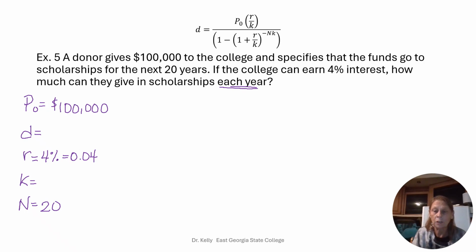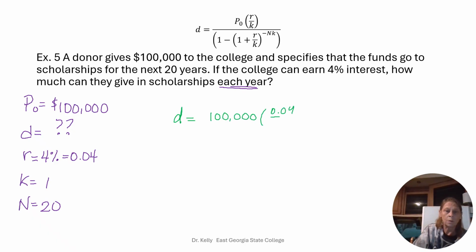How many times a year is each year? 1. Yay. We don't know what that payment is. Let's knock this out. D is equal to 100,000 times 0.04 over 1. Don't even have to write the over, but yeah, that's going to make the calculator nicer. 1 minus 1 plus 0.04.